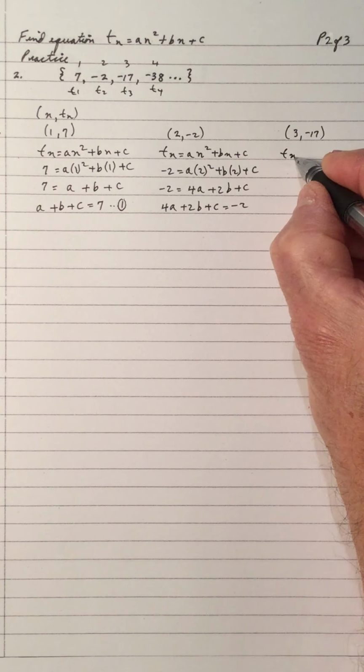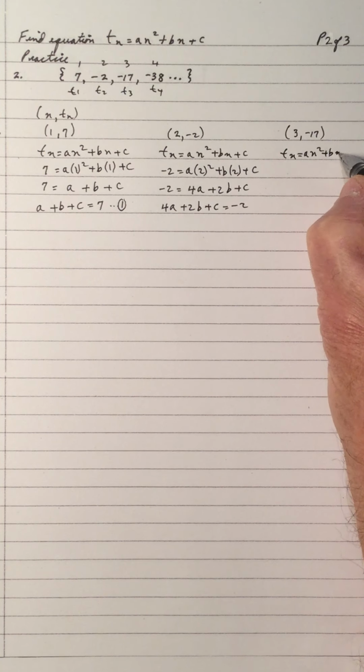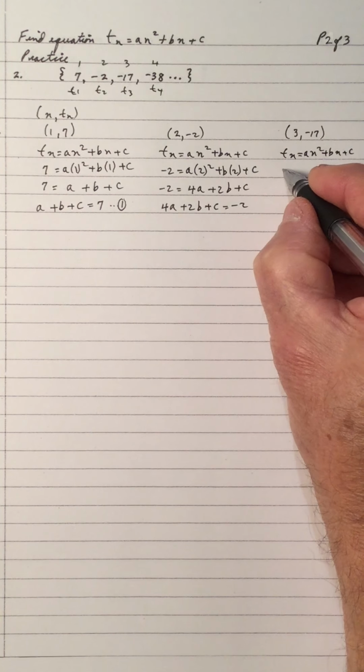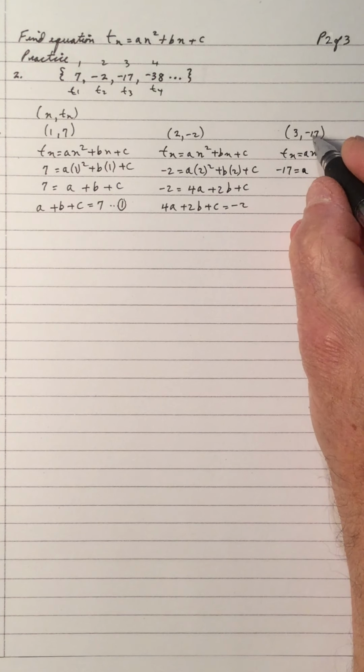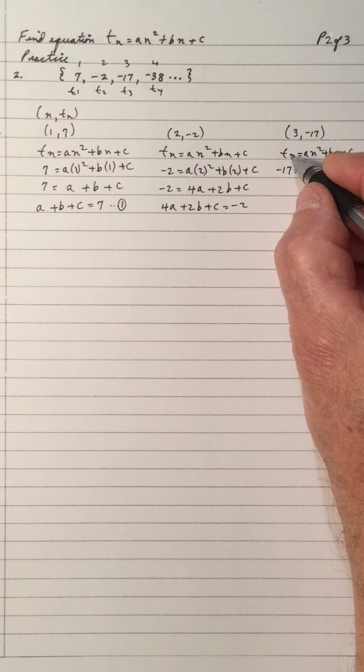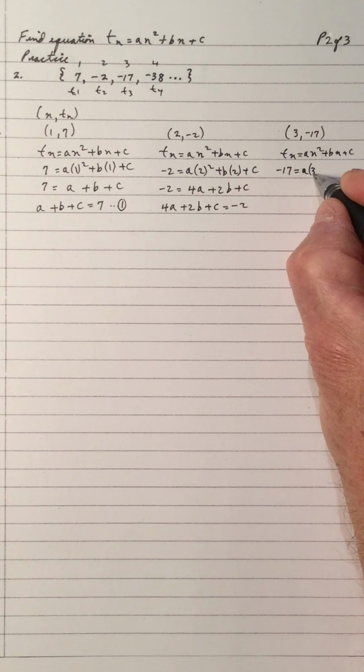So again, I'm writing it down so you can see, and hopefully, just got to be careful. I'm subbing in T3 is negative 17 and N is 3.